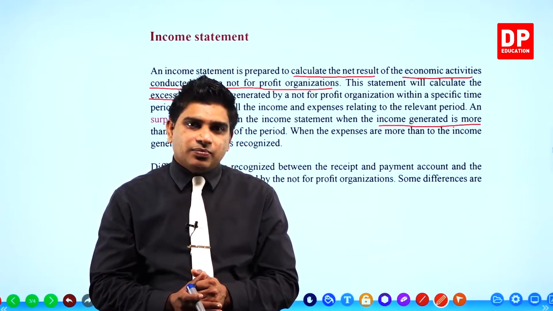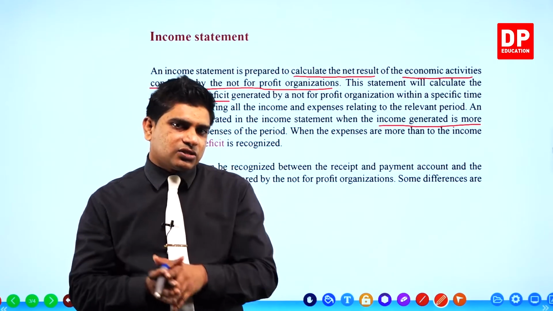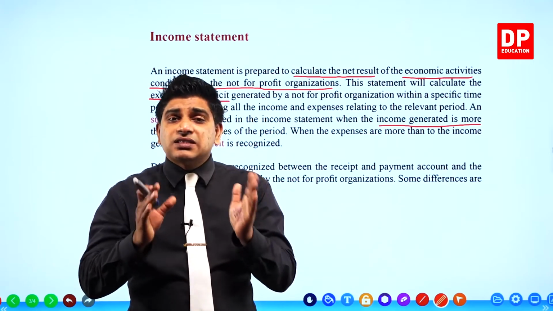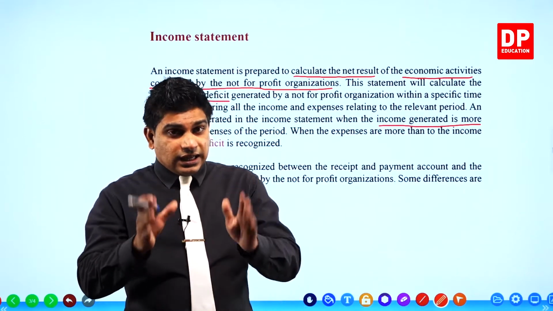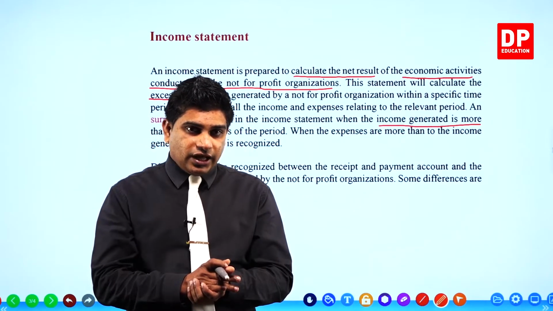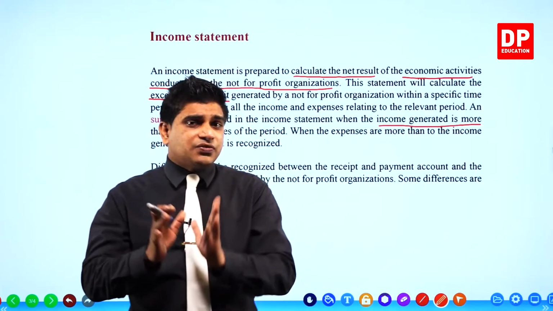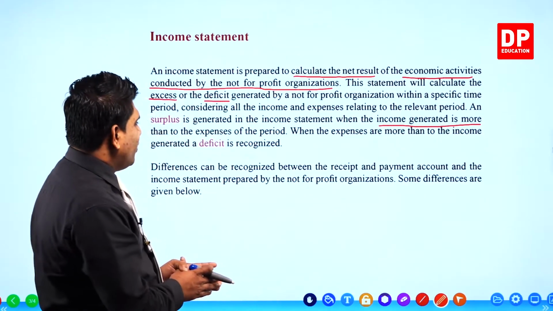Can you find the surplus? 50,000 minus 30,000, 20,000. Now turn it the other way: expenses 50,000 and income 30,000. Now what happened? Deficit, loss.